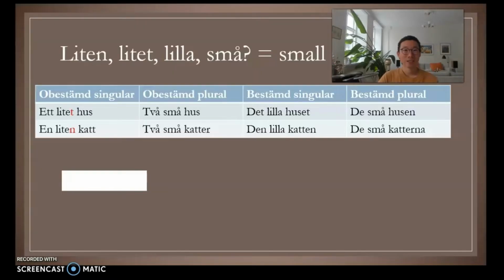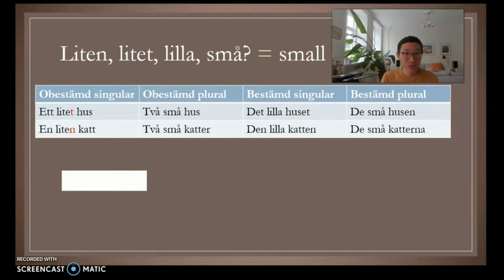Okay, now let's look at how we use liten and små in Swedish. What can be very important to understand is that in English, a little and small are two different words, two separate words.